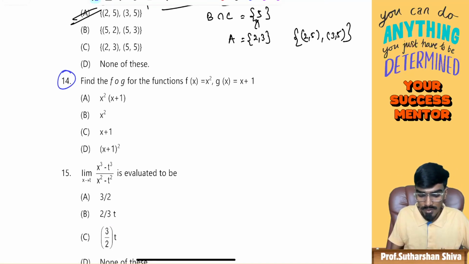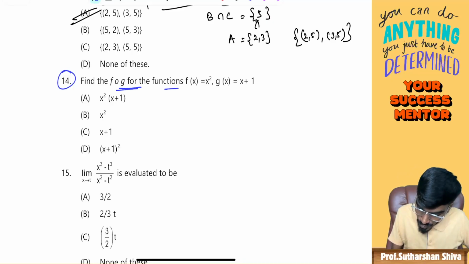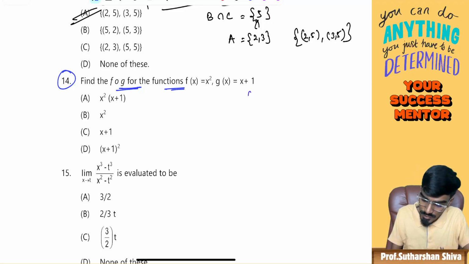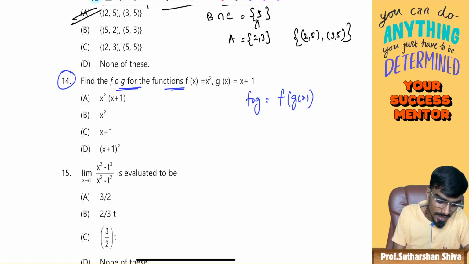Now come to question number 14. What is this 14 all about? For the functions f of x equal to x square and g of x equal to x plus 1, what does fog mean? Fog is nothing but f of g of x. It is nothing but the function f applied to g of x.